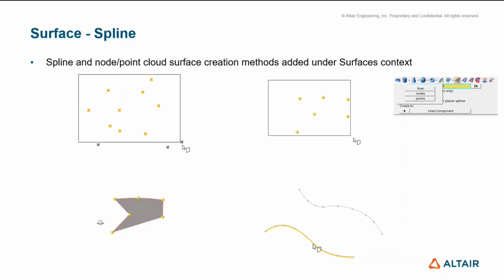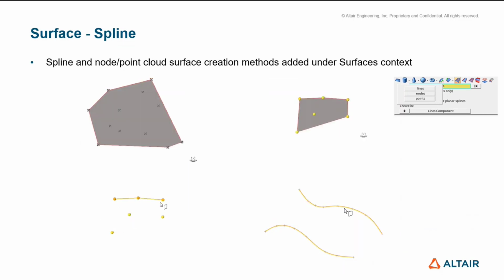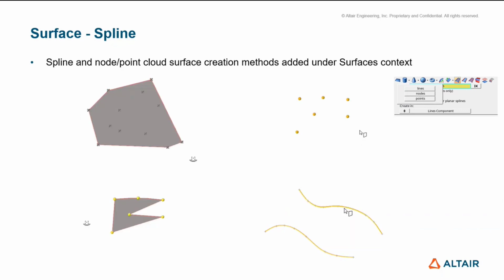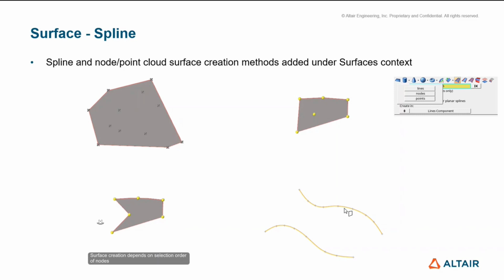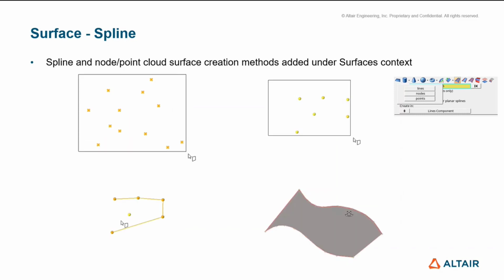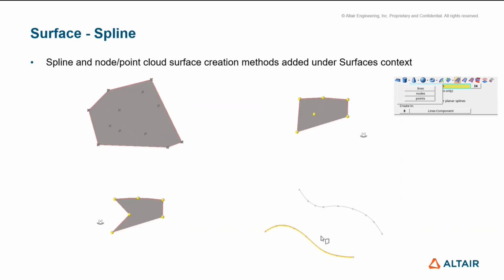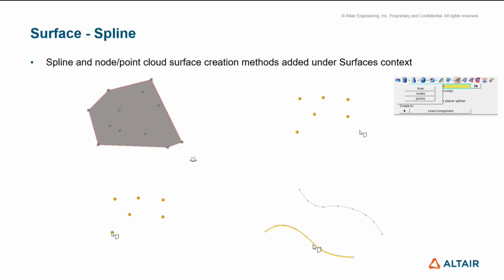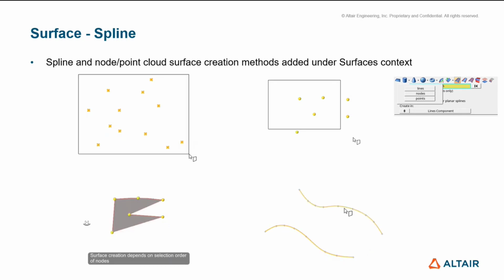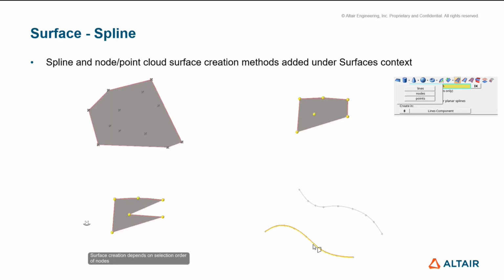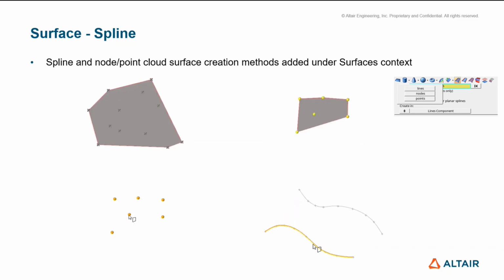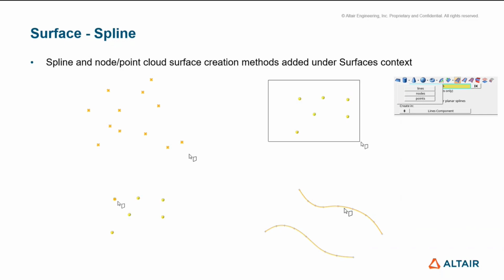Also, from the pillar surface or 2D spline, we have added under surface context as spline. There are different methods: lines, nodes, and points, as you can see in the GIF files. On the top left, by selecting cloud points, we can create a surface. On the top right, by selecting just the nodes, we can select all the nodes and then create a reference surface.